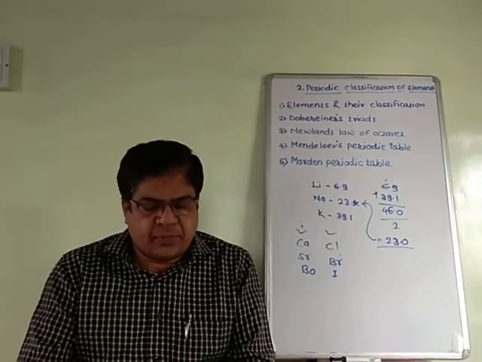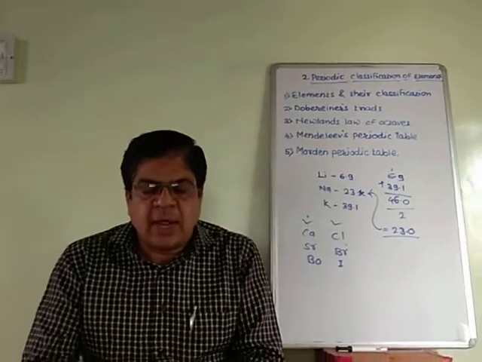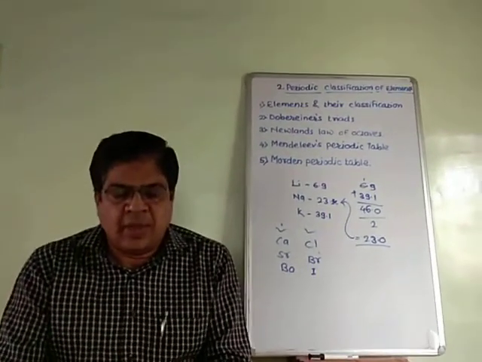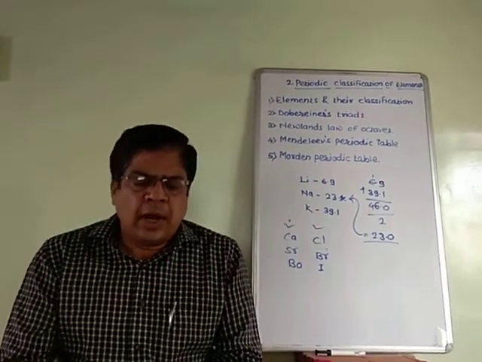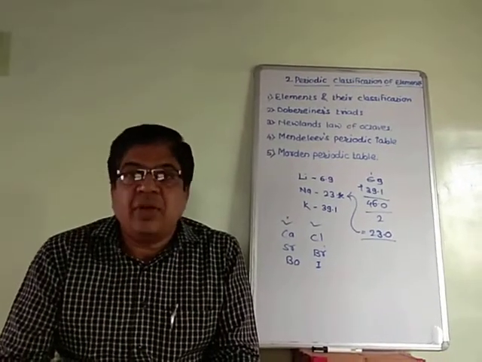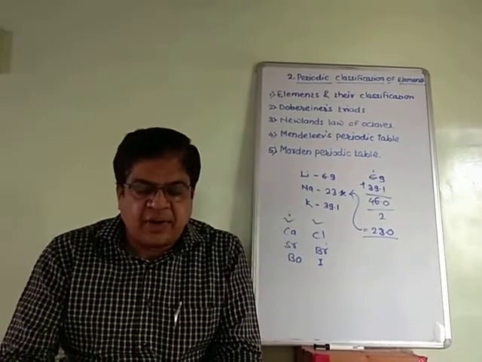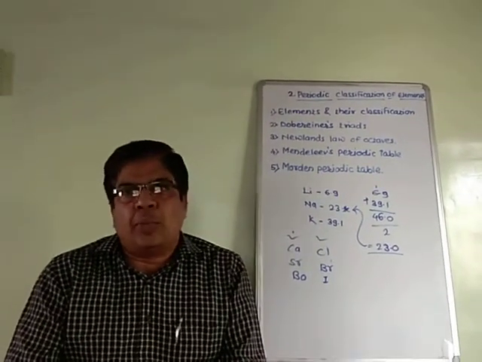The Russian scientist Mendeleev developed a periodic table of the elements during the period 1869 to 1872. He arranged the 63 elements known at that time in increasing order of their atomic masses.